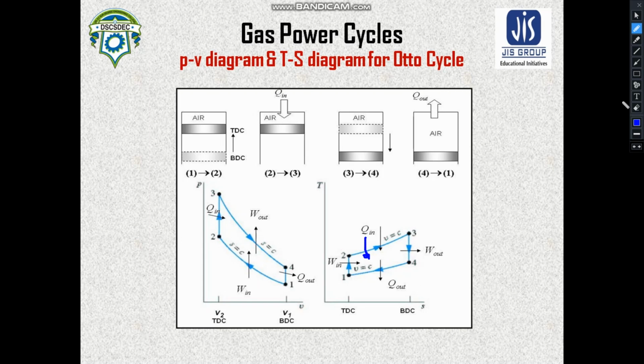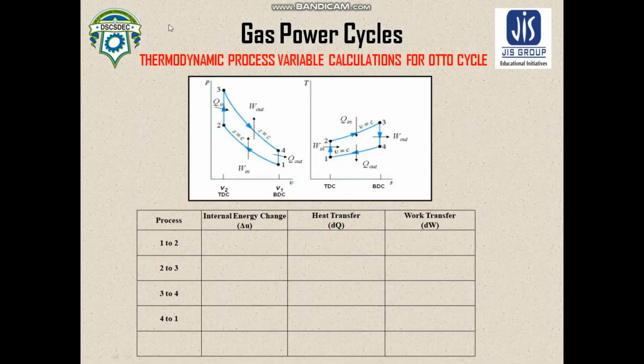So these are the basic explanation of the PV diagram and the TS diagram which are involved in an Otto cycle. We shall now introspect the thermodynamic aspect of these processes, and see how mathematically the various process variables can be calculated for the Otto cycle. So let us do that.